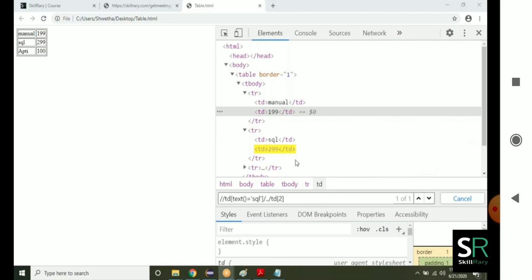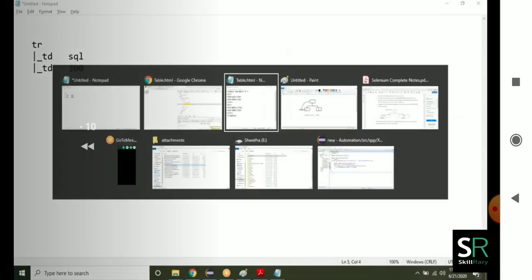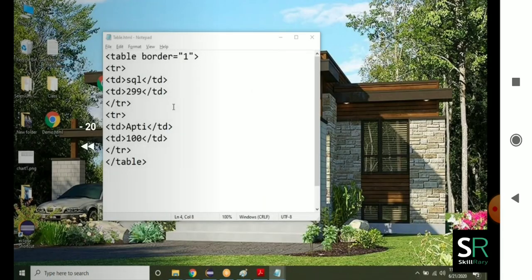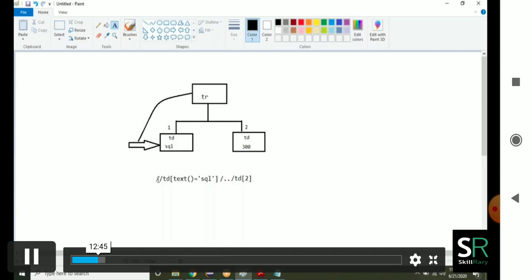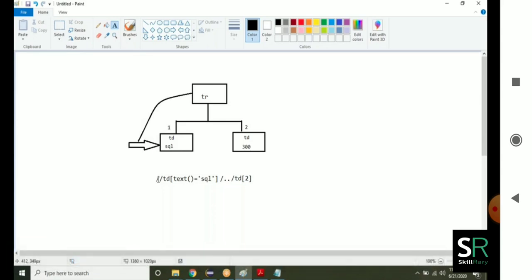Let me repeat this once again. The added advantage is if the price is getting changed, it still works. The reason it is called this is that SQL is an independent element, it doesn't depend on anything, whereas this price 300 depends on SQL.